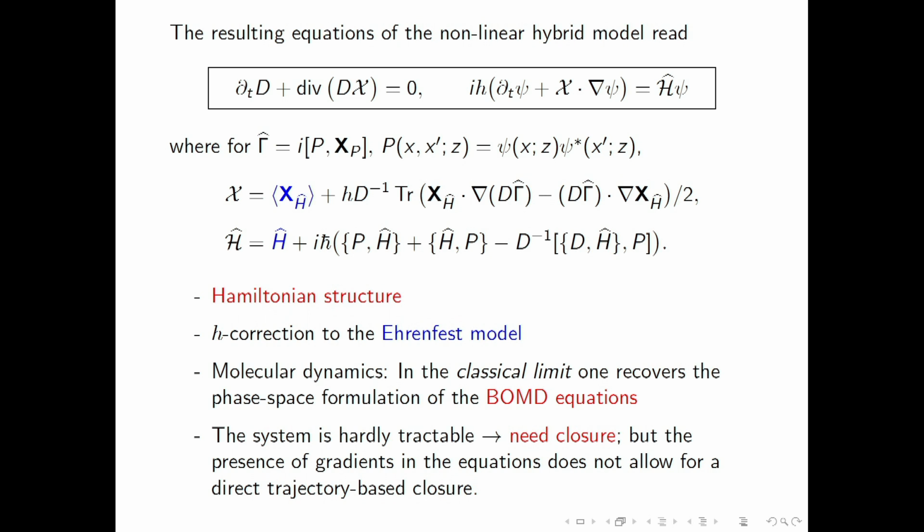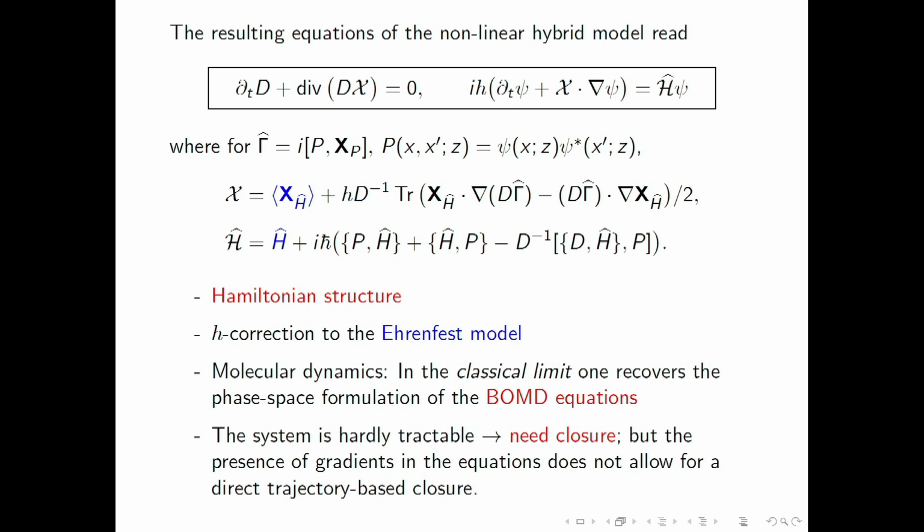So by skipping the H-bar terms here, we just remain with these blue parts. And this is a well-known model. It is known in quantum chemistry as the Ehrenfest model. So this was an important result. So we can see this is something which is an extension basically of the Ehrenfest model.